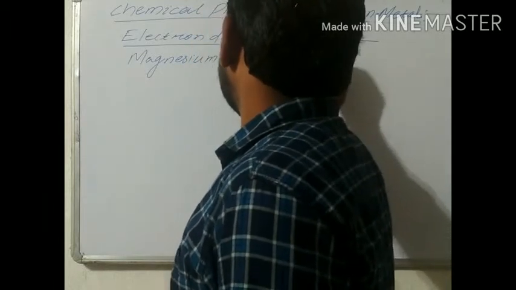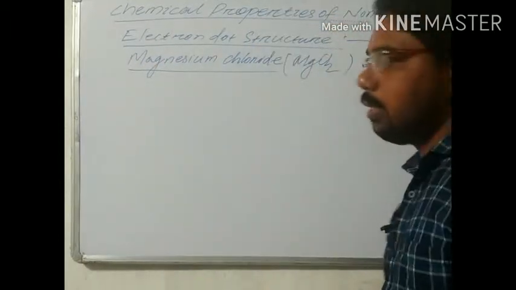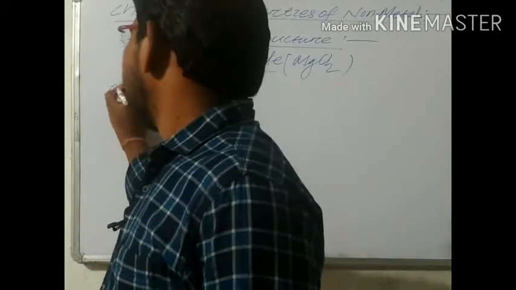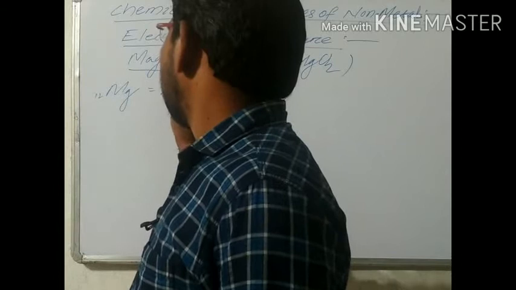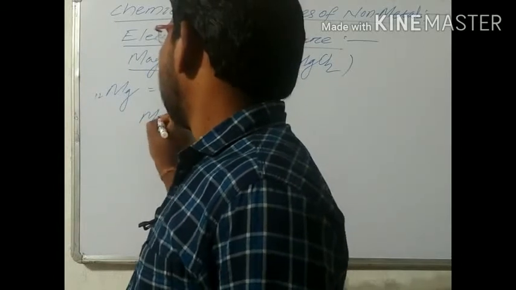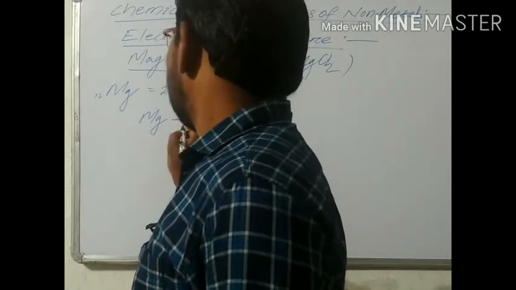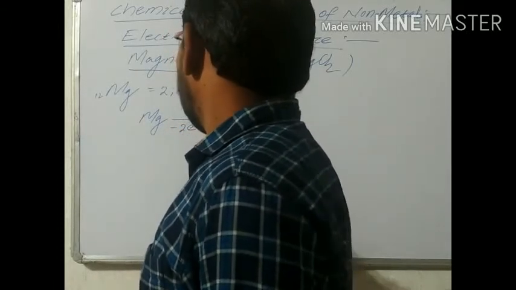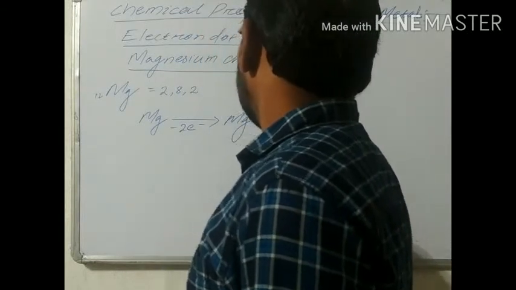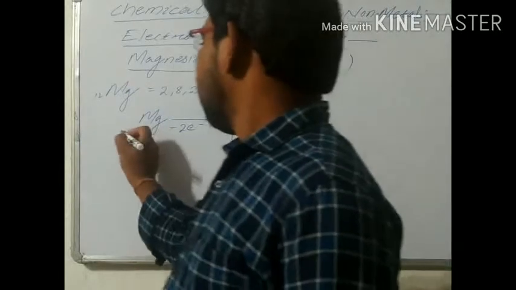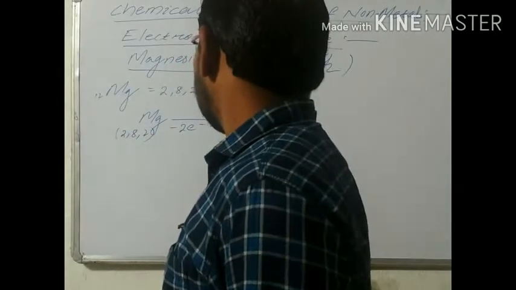It is the MgCl2 formula of magnesium chloride. First, magnesium: atomic number 12 means 12 electrons, that is 2, 8, 2, and by losing 2 electrons it changes to Mg plus 2. Their electronic configuration is 2, 8, 2 and then 2, 8.